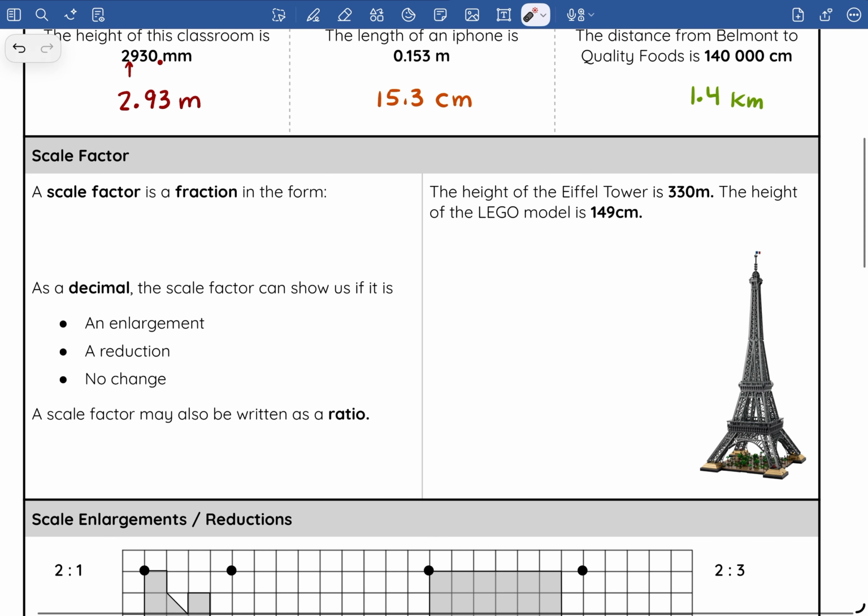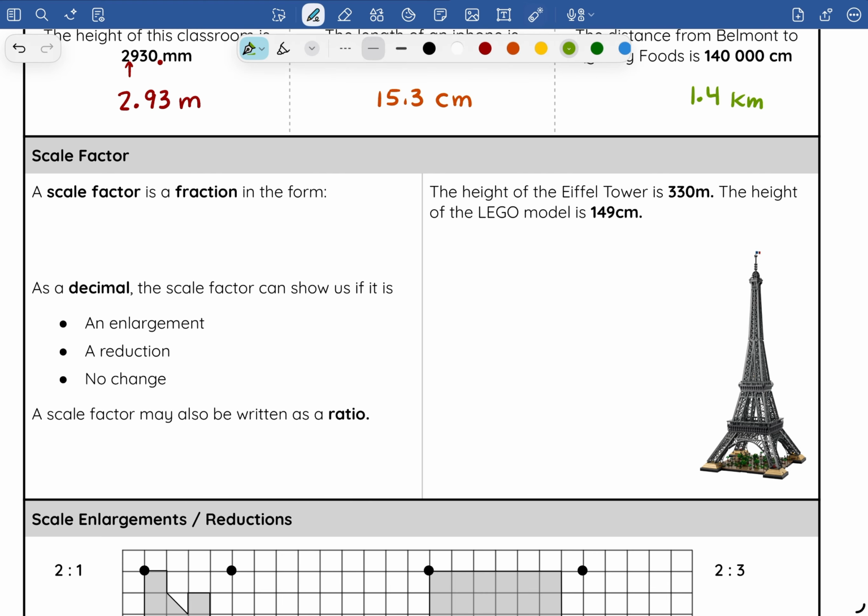Cool. Next up, we talked about scale factor. And so scale factor we think of first as just a fraction in the form our new measurement compared to our old measurement. Usually we're thinking the length of something because this unit's pretty focused on just the lengths of stuff. So I guess we could say our new length over the old length.